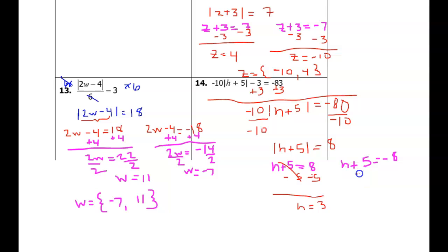And then on the right side, I subtract 5 from both sides. This is an addition situation. The 5's cancel. I get h equals negative 13. My solution set is h equals negative 13 and 3.